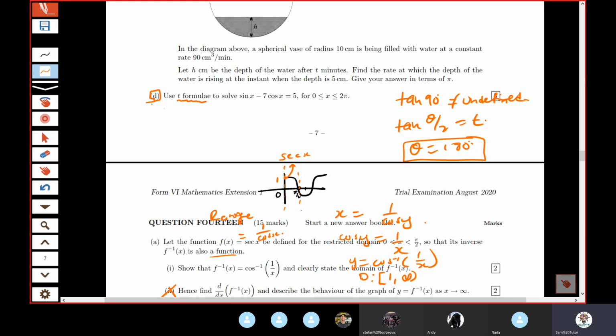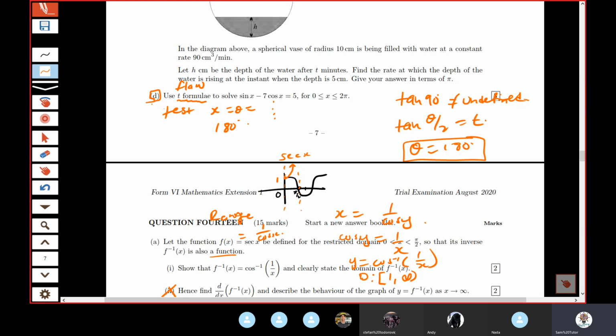So when you work out your solutions, you are ignoring theta equals 180. The problem is theta could be 180. So what you have to always do is sub it back into the original and test if it works. So the t formula has a flaw, and that flaw is you must test x or theta, whatever letter it is, as pi or 180 degrees. It's not flawless. Next year's method, auxiliary angles, will be flawless.